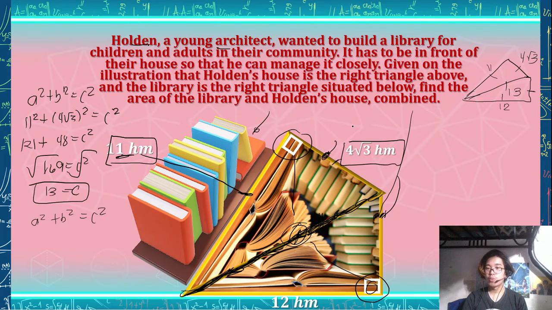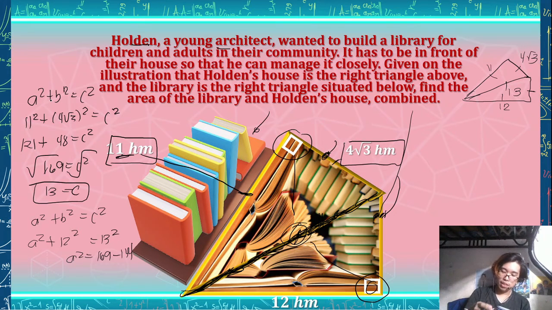The hypotenuse will be 13, the one that we solved, and then we're given one of the legs, 12, and the other leg is missing. Solving for this, a squared is equal to 169 minus 144. And what's 169 minus 144? That's just equal to 25. And therefore, the value of a, the value of this part here, is just equal to 5 for this problem.